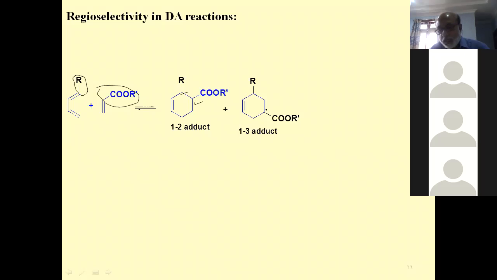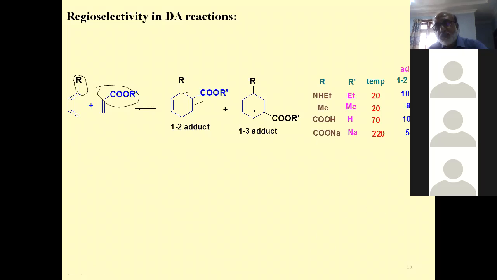Let us see the variation. With these different R and R prime, the 1-2 adduct is 100%, here 95, here 100, here 50. With this RCOR, it is 50% and 50, and the 1-3 is again 5%. That means here the yield is also low.